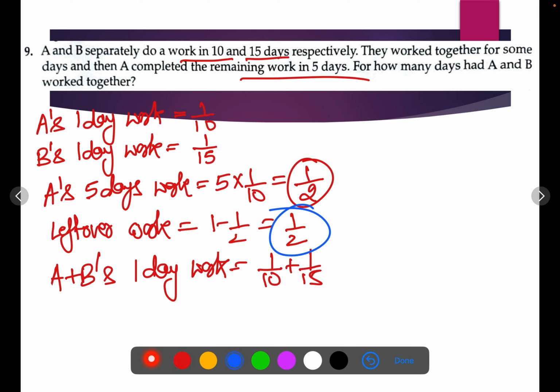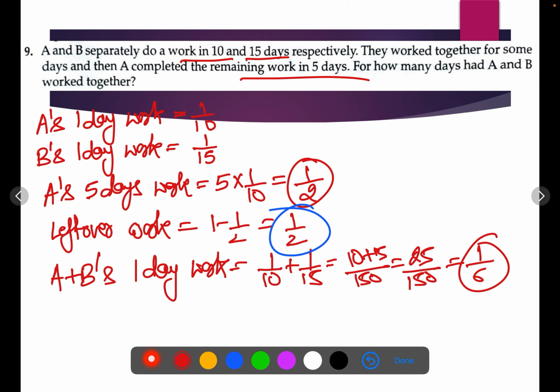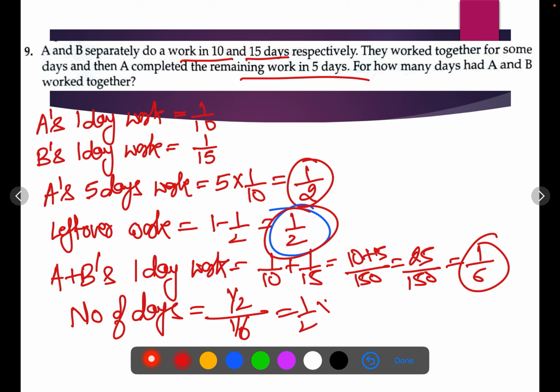This is the total work, right? 1 day work is 10 plus 15 upon 150, 25 upon 150, which is 1 by 6. So this is 1 day's work. This is the leftover work. How do I find the number of days? Total work upon 1 by 6. So 1 by 2 into 6 by 1, which is 3 days. So what is the answer? 3 days. They worked together for 3 days.